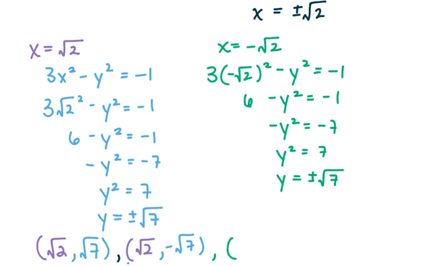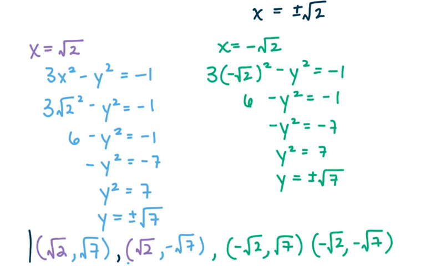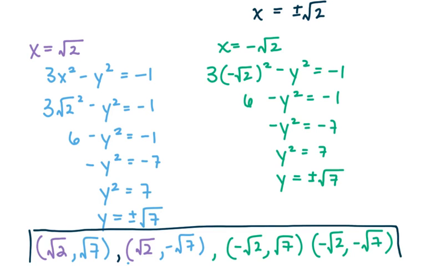So now we have the ordered pair negative root 2, positive root 7, or negative root 2, comma, negative root 7. And here we have 4 unique different ordered pair solutions.